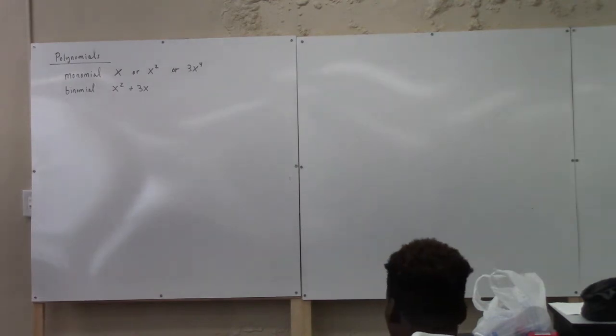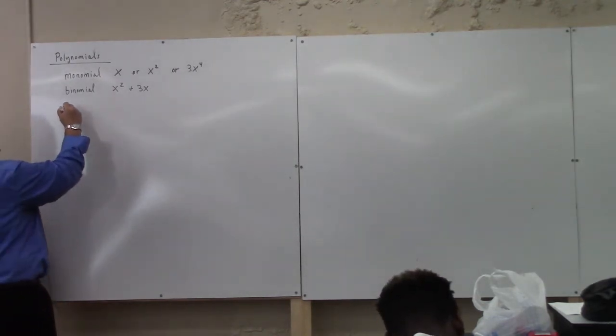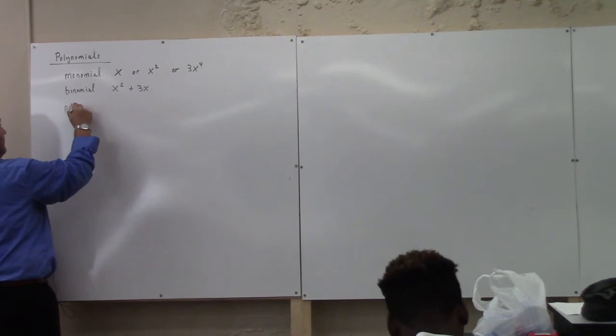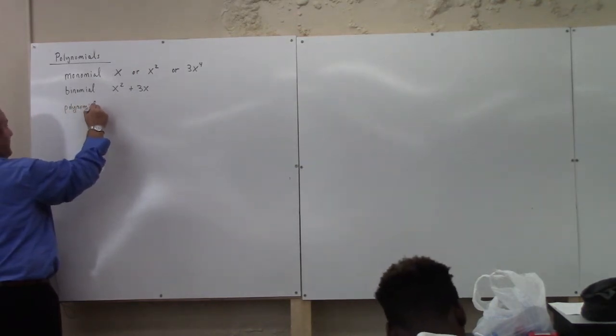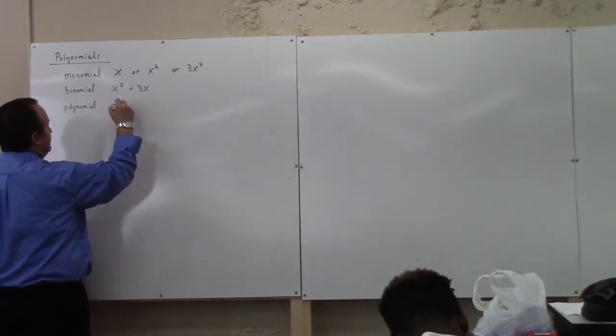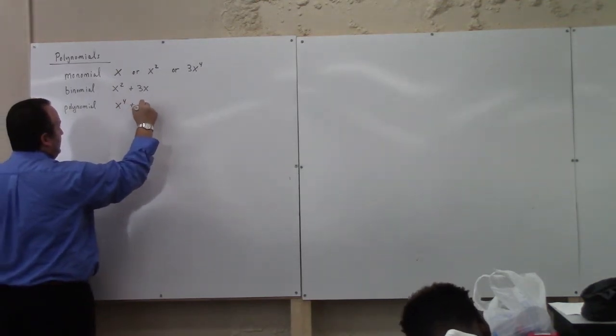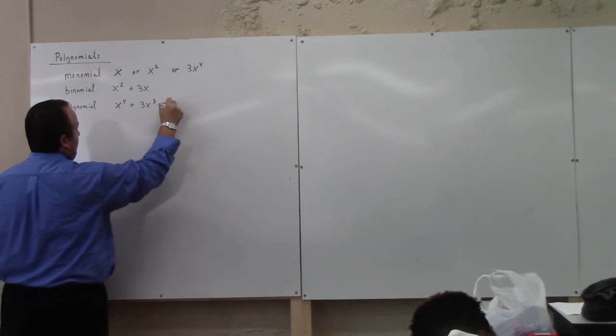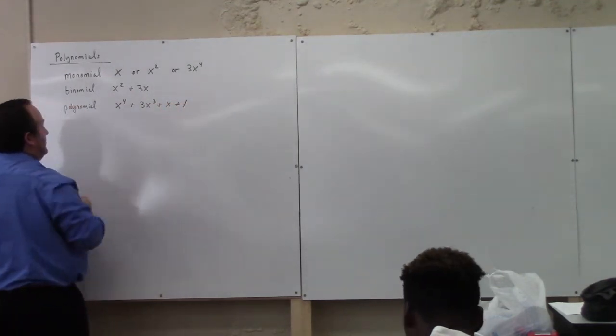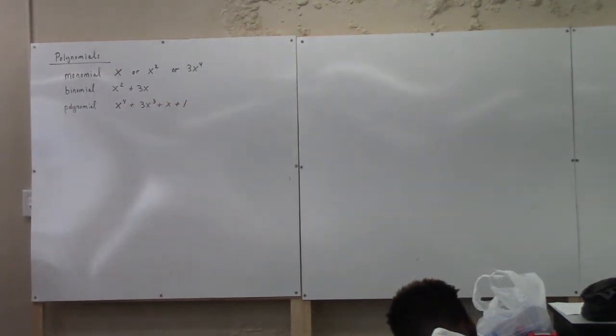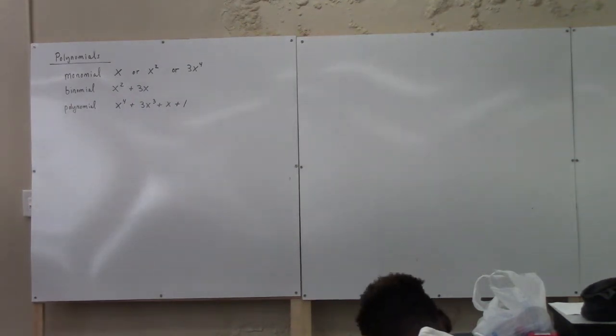And then that brings us to what's called a polynomial. Poly meaning many, something like this. Well, I'll give you a specific example. x to the fourth plus 3x cubed plus x plus 1. This would be an example of a polynomial in x. All right? You could also have a polynomial in another variable.